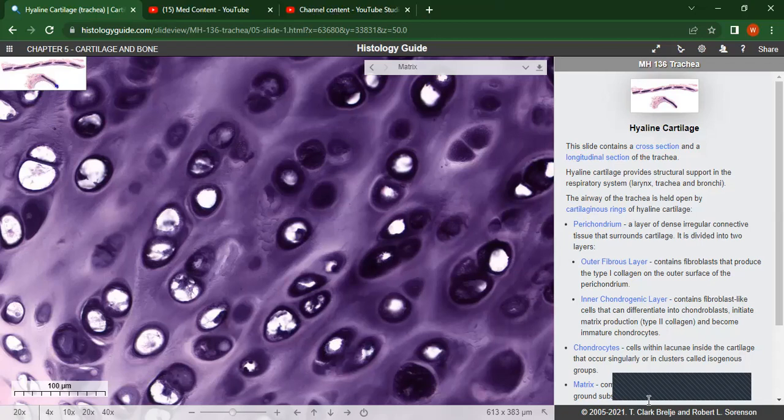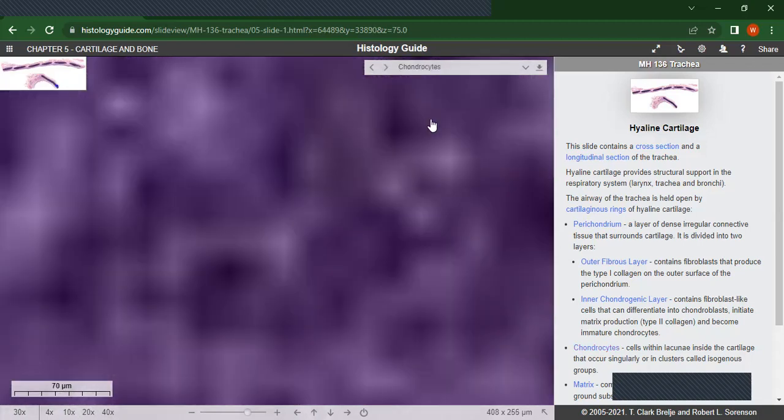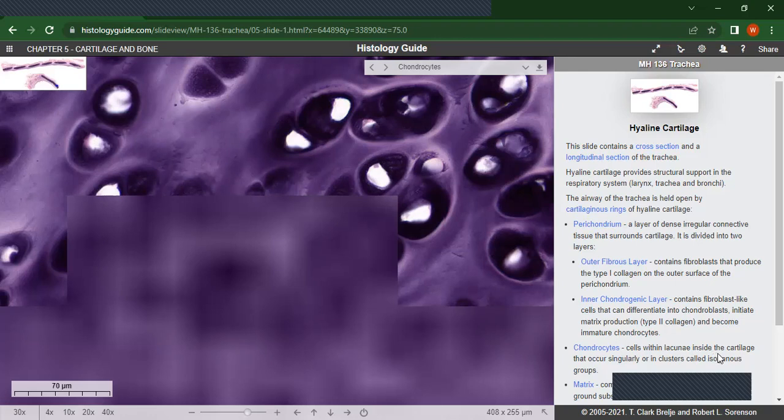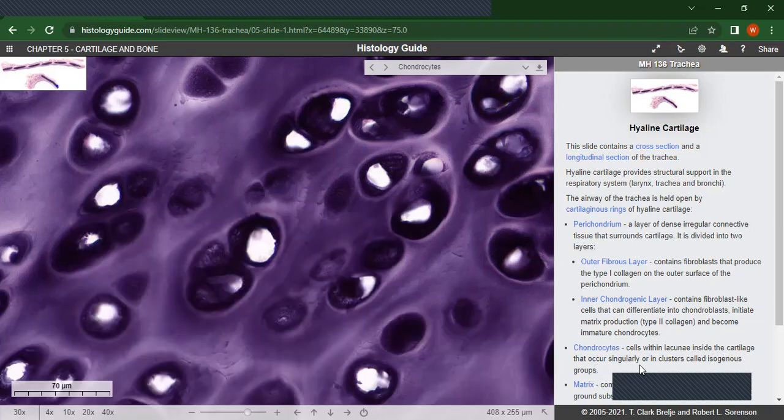Okay, so I said, when discussing connective tissue, you discuss cells and the extracellular matrix. The cells, I've said, we have chondrocytes. These are the chondrocytes. They are the cells within lacuna inside the cartilage that occur singularly or in clusters. These clusters, I've said, are called the isogenous groups.